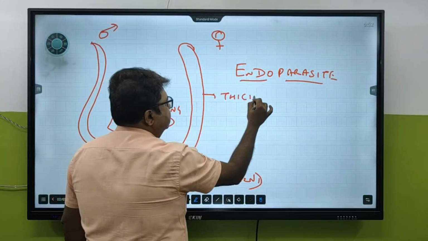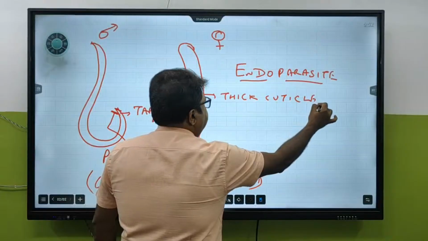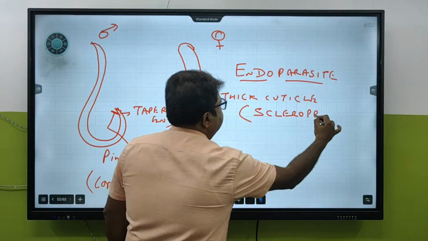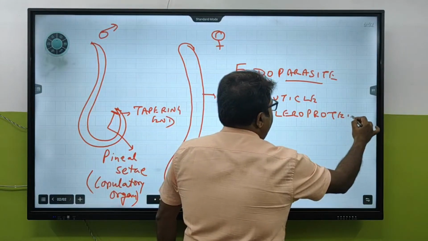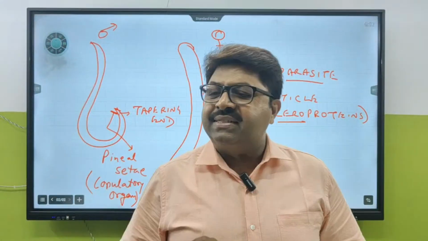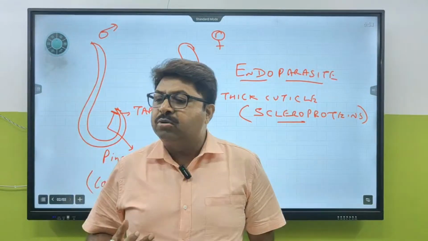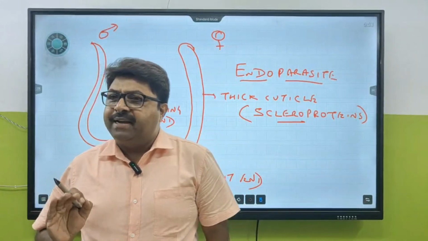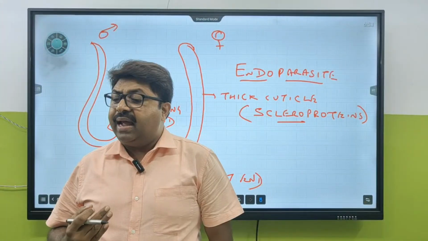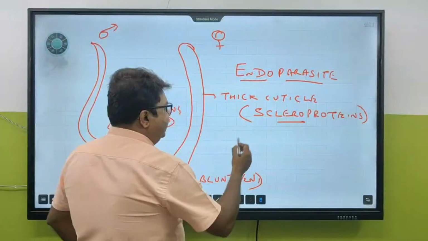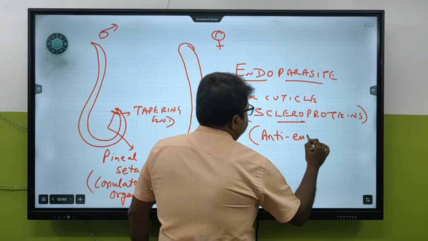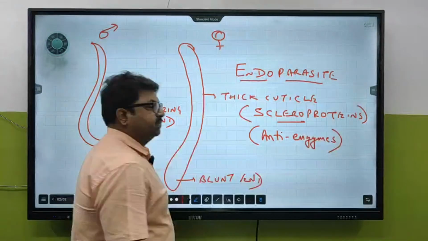That means they have a thick cuticle, made up of scleroproteins, and that is why the digestive enzymes in the gut cannot do anything to them. They are not able to digest them. Clear? They have a thick cuticle, and they also secrete anti-enzymes. Clear?